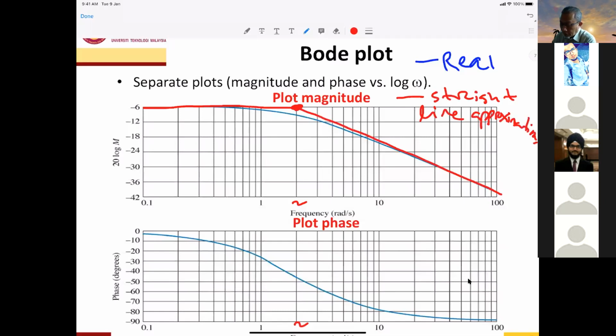Similar to this one as well. So 0.1, 0.2, start from here. So 0.1, this is 0.2.